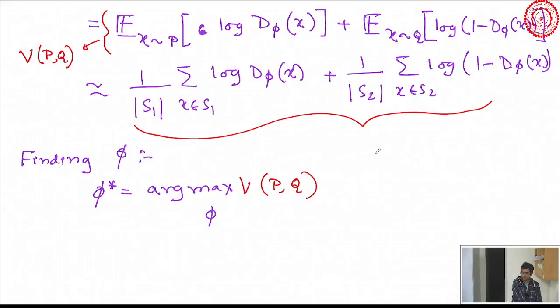KL divergence formula, I hope you remember. Expectation of log p by q, right? So just focus on the first term and tell me what it will be. This is the last thing, so you can see I'm wrapping up things, but I want you to do it.